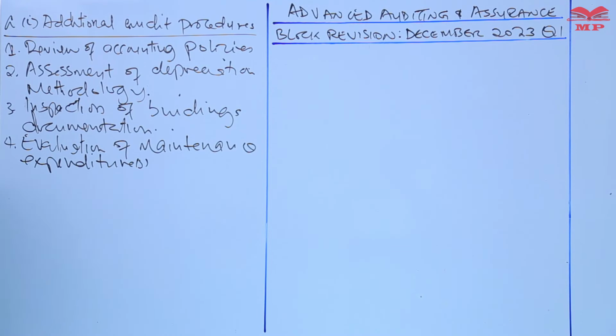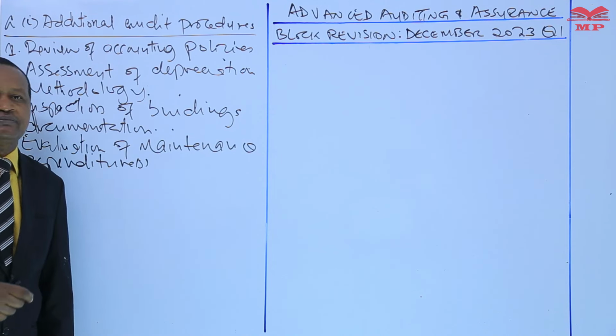The auditor should assess, should evaluate, should review the company's records of maintenance expenditures incurred on the building since acquisition in the year 2020.